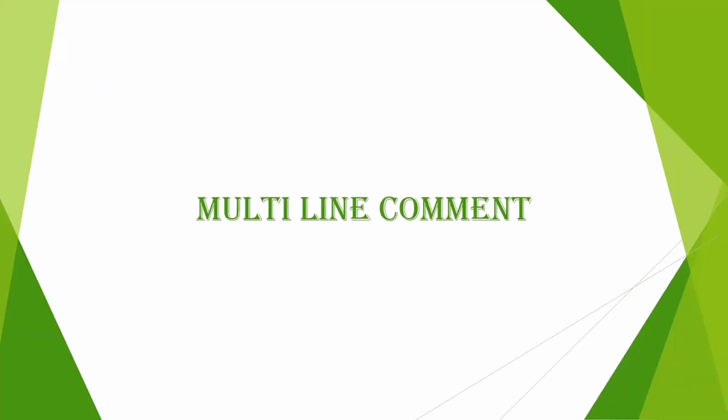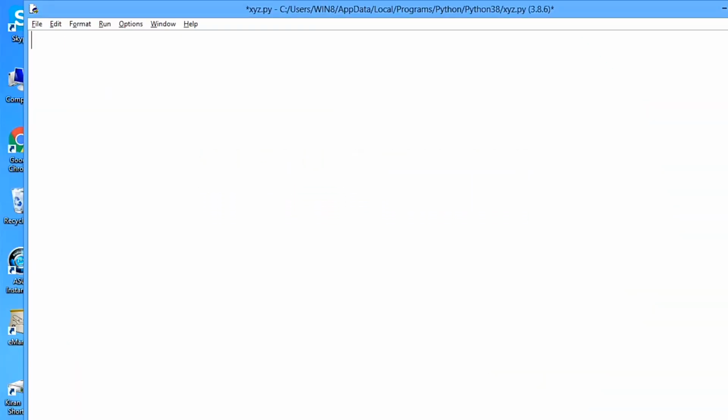Now we will move to another one, that is the multi-line comment. How are you going to give a multiple line comment? Suppose you have a long comment that may take more than one line. How do you do that in Python? That is very simple. You just have to give three single quotes and start writing your comment.